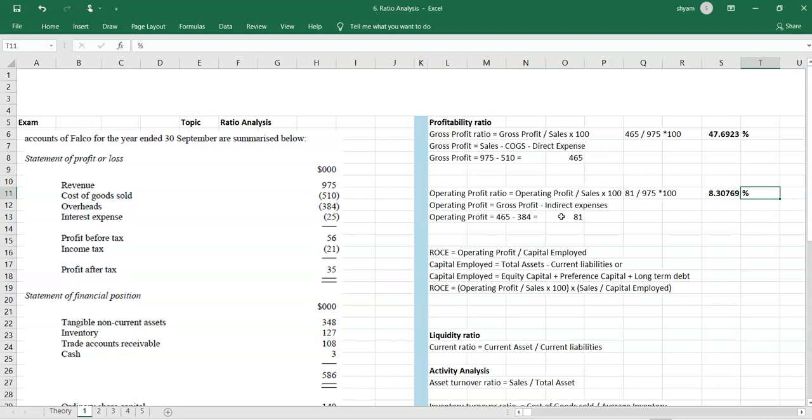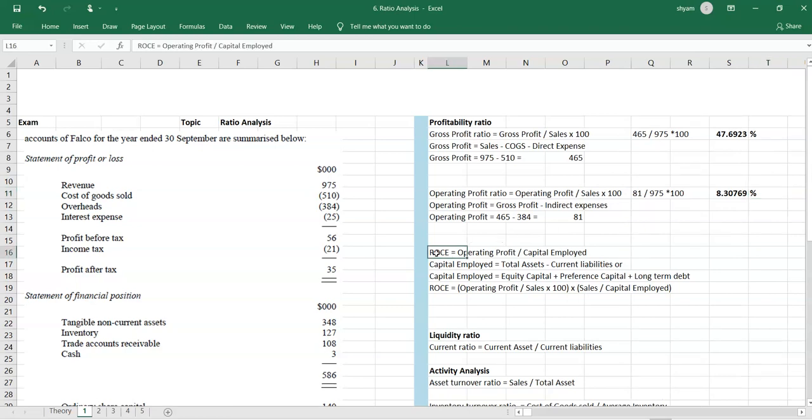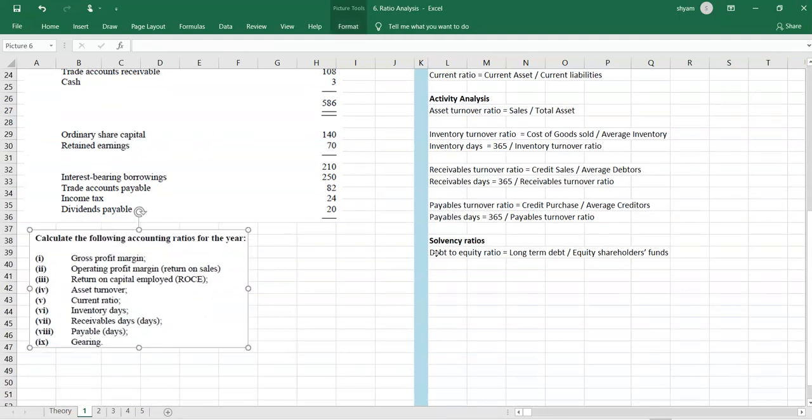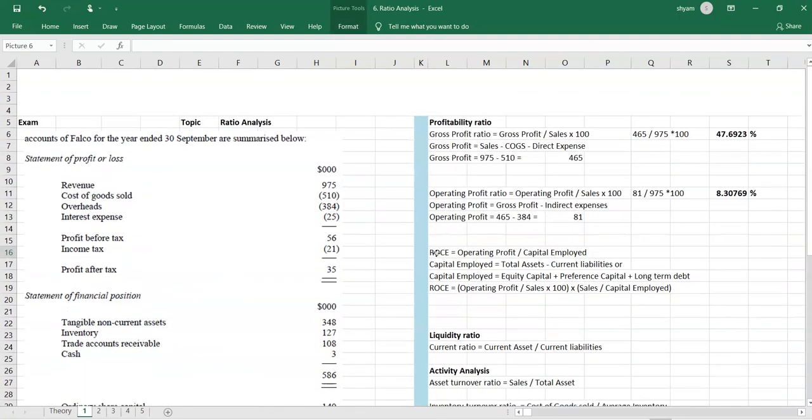Okay, so we got the answer as 81 and we have found out this. So let's go to the next one. So the question has asked for ROCE also, right? The question has asked for ROCE also. So we have computed the operating profit, so that won't be a problem.